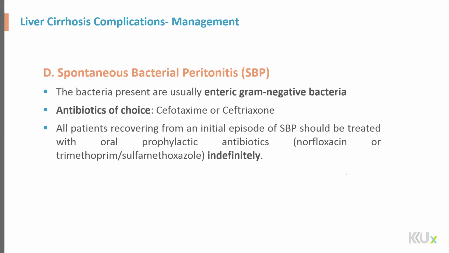All patients recovering from an initial episode of spontaneous bacterial peritonitis should be treated indefinitely, for their whole life, with oral prophylactic antibiotic with norfloxacin or trimethoprim-sulfamethoxazole combination. So it is secondary prophylaxis after the first episode of spontaneous bacterial peritonitis.